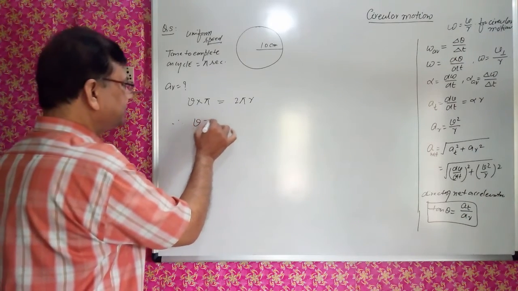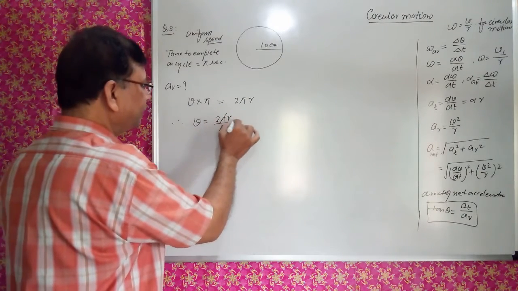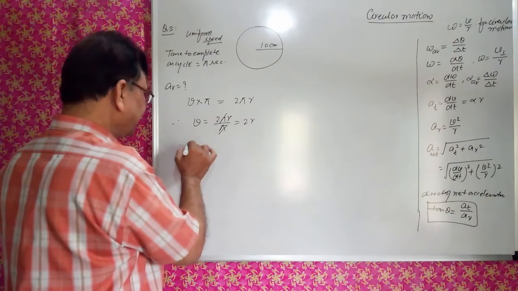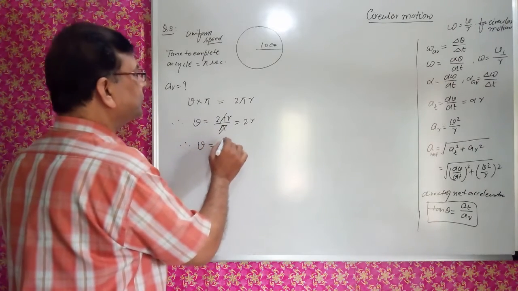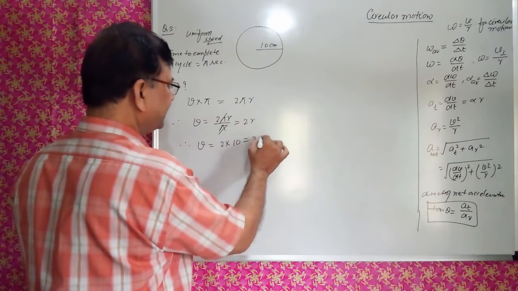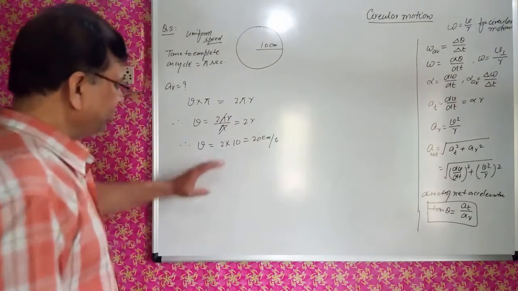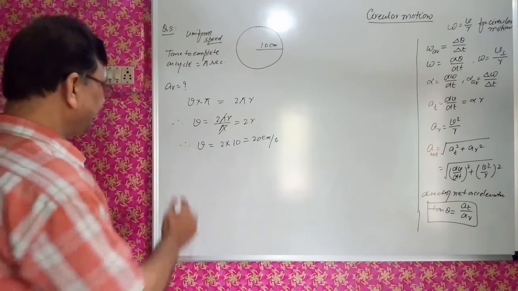Therefore, velocity is equal to 2πr upon 5π. This 5π will go, we will get 2r/5. Therefore, velocity is equal to 2 into 10, that is 20 centimeters per second, because it is 10 centimeters. Velocity is known, so we can find AR.